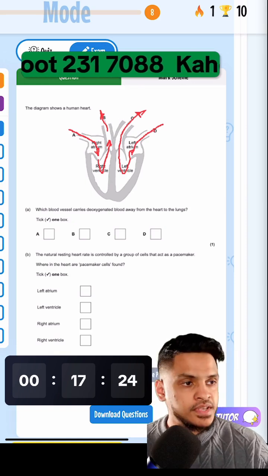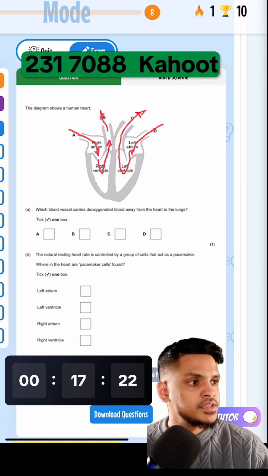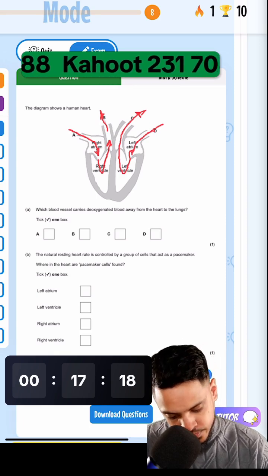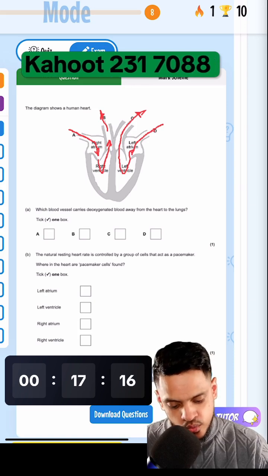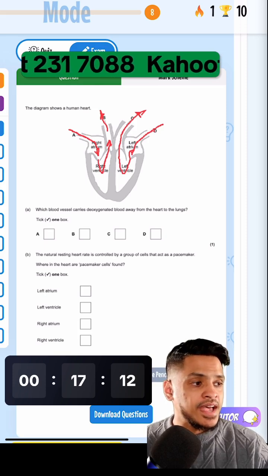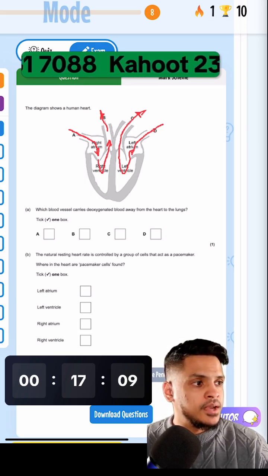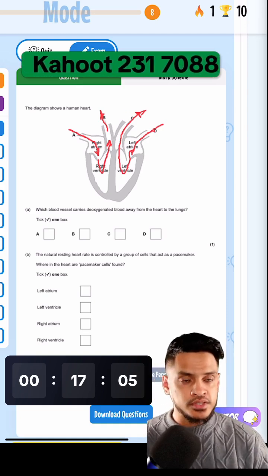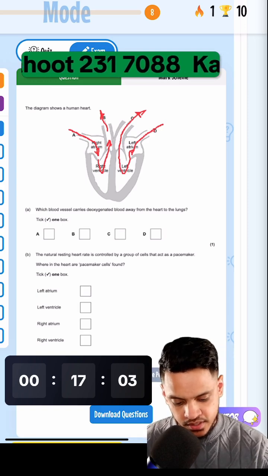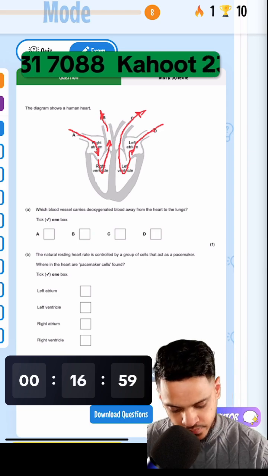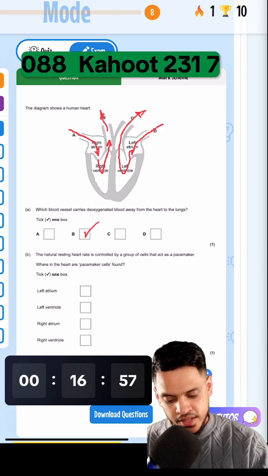So we got 2 answers here. We got one person saying B, we got another person saying D. What do the rest of you think? Deoxygenated blood away from the heart to the lungs. So deoxygenated blood means it hasn't been oxygenated. So it's going from the heart to the lungs in order to be oxygenated. So the answer would be B. Does anyone know what that's called?